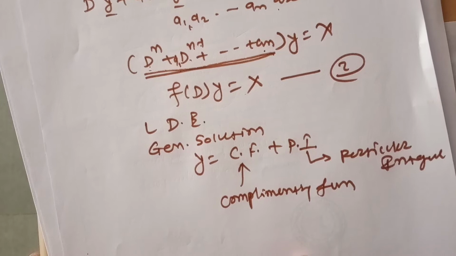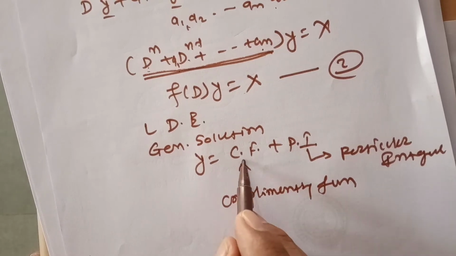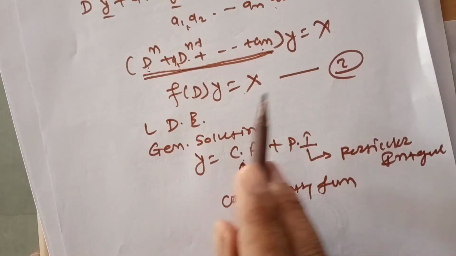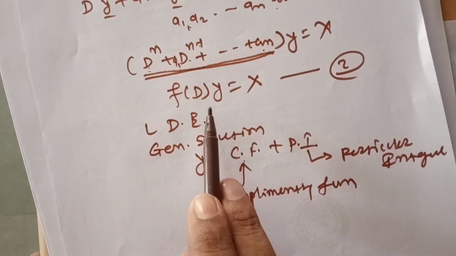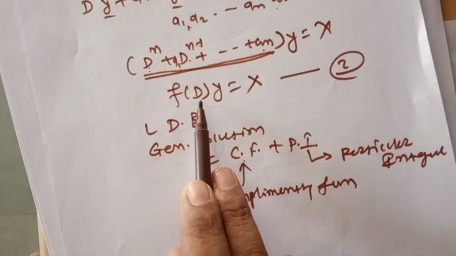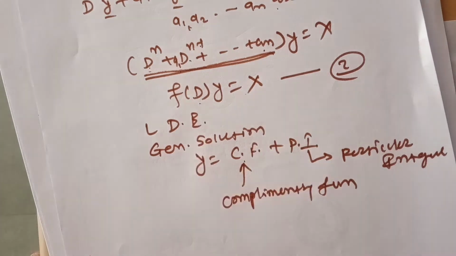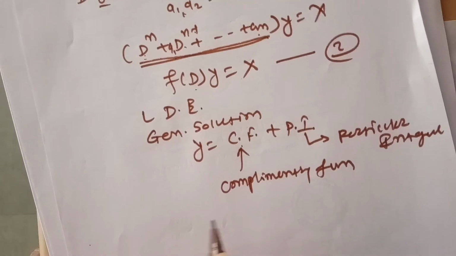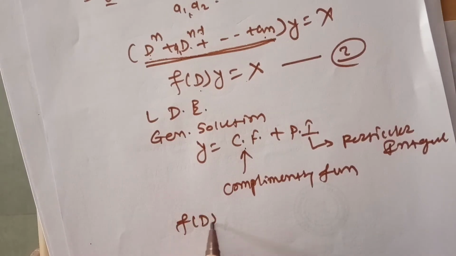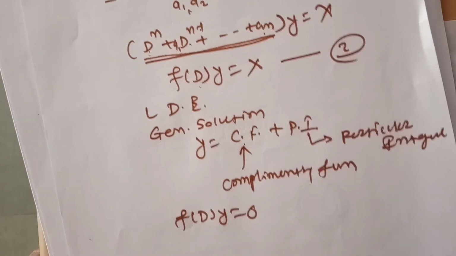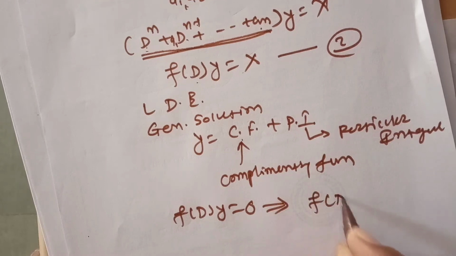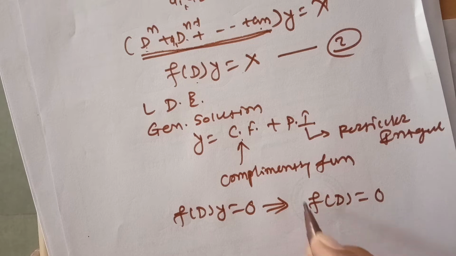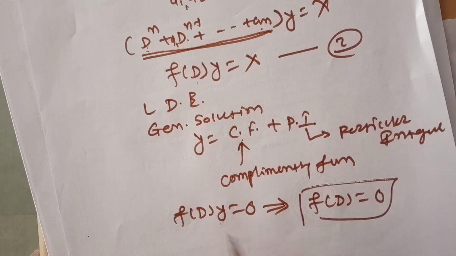Now again we know that the complementary function is the solution of equation 1, or 2. Moreover, this is for the homogeneous part, meaning the complementary function is the solution of f(D) y = 0.